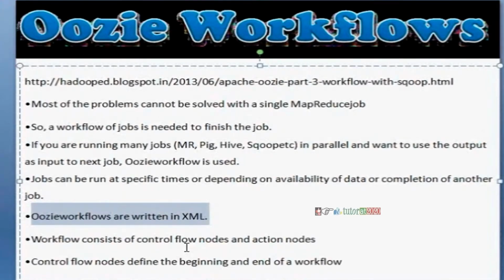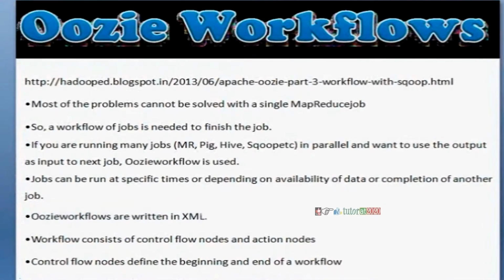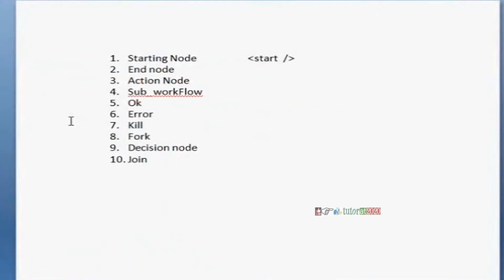The only difference is that in our own XML files we choose our own names, but if we want to write an Oozie workflow, which is an XML file, we have to follow some predefined nodes.